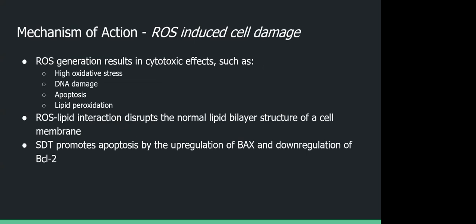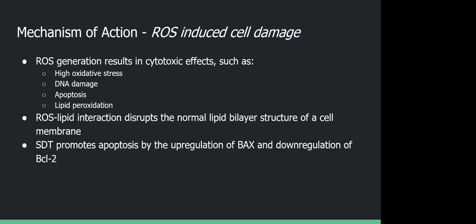And so ROS generation results in many cytotoxic effects, including high oxidative stress, DNA damage, apoptosis, and lipid peroxidation. ROS lipid interactions can disrupt the normal lipid bilayer structure of the cell membrane, which of course results in cell damage. And SDT also promotes apoptosis by upregulation of the BAX gene and downregulation of the BCL2 gene.